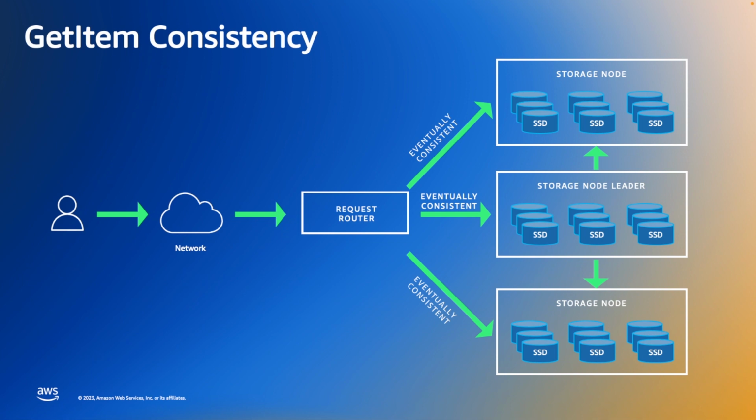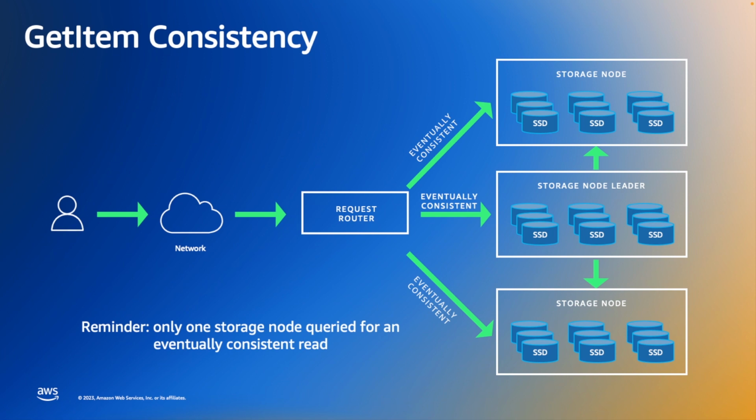Now, how do we pick which of these we're going to talk to? Well, for these eventually consistent reads, normally we're going to fetch the copy from the local availability zone. So if you're talking to a request router in AZ2, the AZ2 request router, if it has an eventually consistent read, is going to read the AZ2 storage node copy.